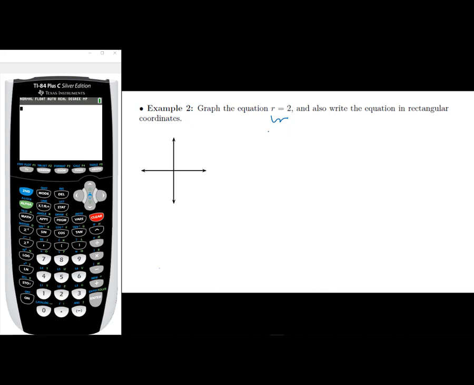So really this should mean that the equation r equals 2 gives me all points a distance of 2 from the origin. Well, if we think about what is the shape that's formed when you get all points that are equidistant from the origin, you're going to get a circle, right? That's what you're always going to get.